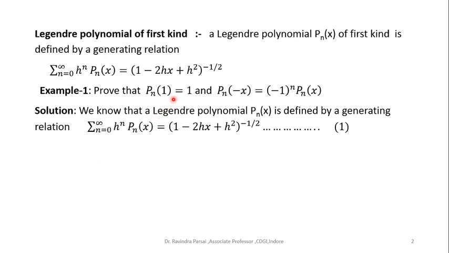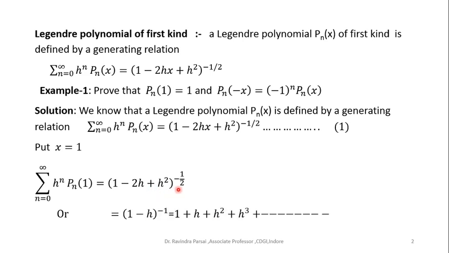Now our objective is to find the first result. For this we put x equal to 1 on both sides of equation 1, and we get sigma n equal to 0 to infinity h to the power n Pn of 1 equal to 1 minus 2h plus h square raised to minus 1 by 2.